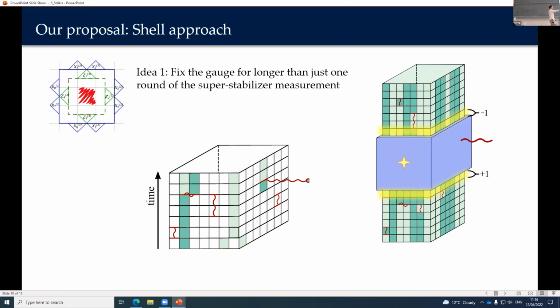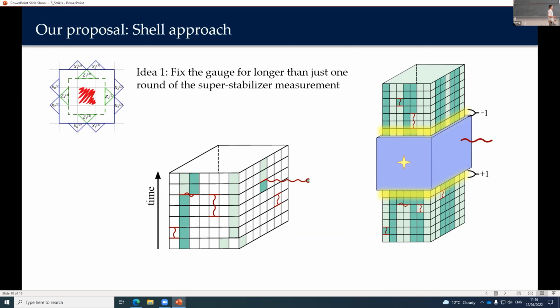So in this sense, we are kind of homogenizing space and time together. A very quick recap: what happens, for example, if an X error, represented by these red strings, terminates at a smooth X boundary? That is not detected while we are measuring the X stabilizer, because it just does not detect X errors.